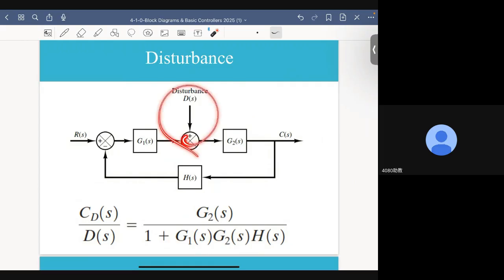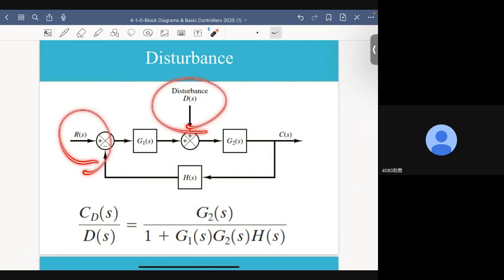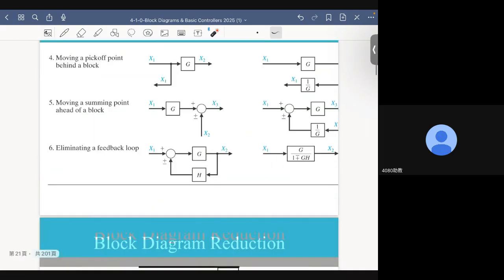And I want you to know that there is typically more than one input for a feedback control system, okay? This is the standard input, so-called reference input. And this is, of course, an undesired input because it is a disturbance. Unfortunately, no matter how undesirable it is, it is also more often than not unavoidable, which means it is always there, okay?